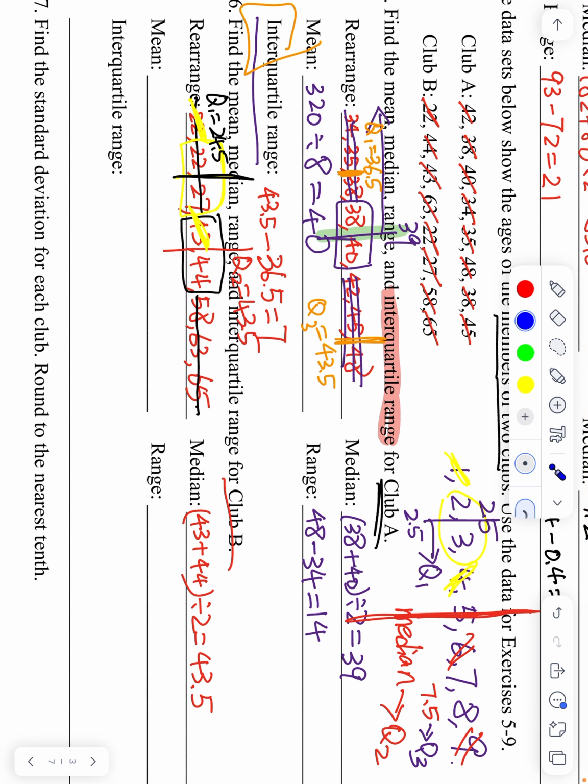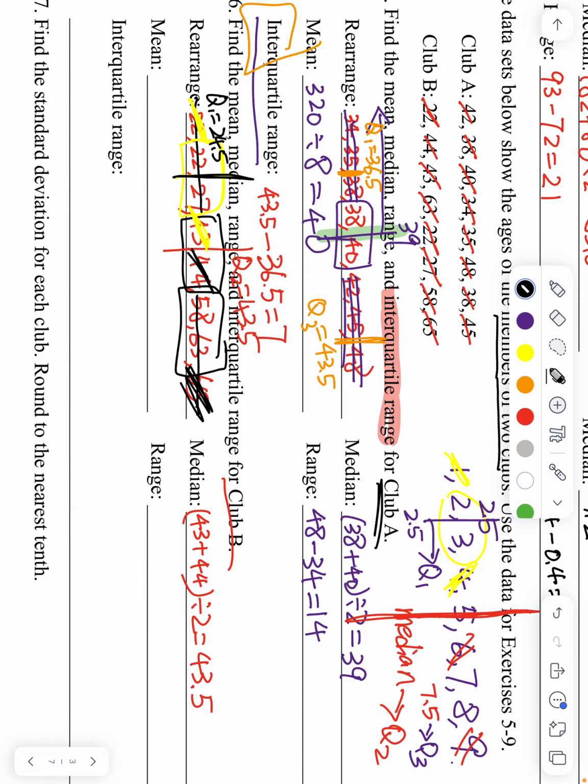Now, the upper part. I know this is a lot of work and it sounds a little boring, huh? But we still have to do it. Okay. The upper part. Let's cross out the 44 and the 65. We find the average of these 2 numbers.